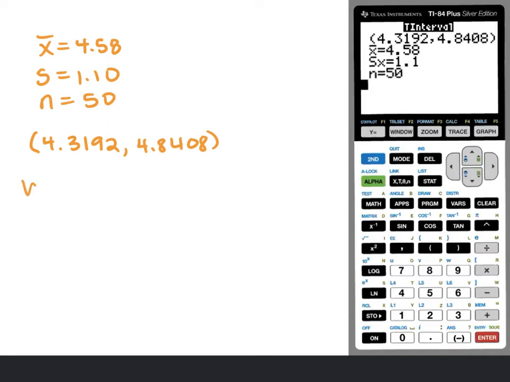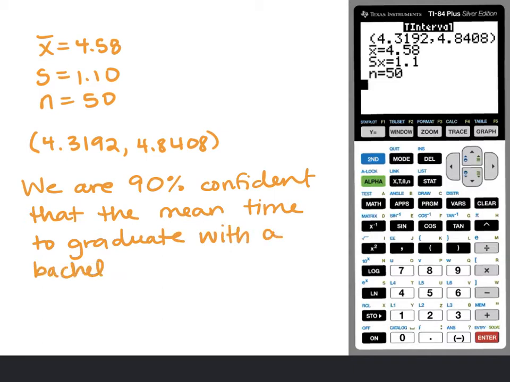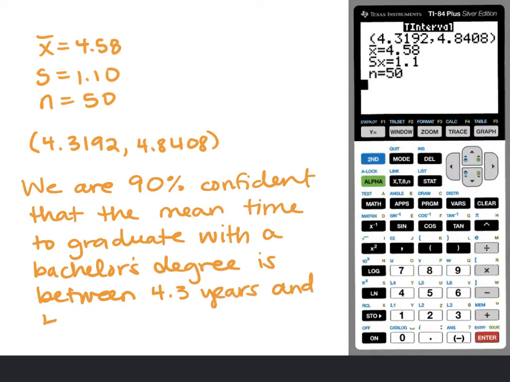So we can start off by saying we are 90% confident that the mean time to graduate with a bachelor's degree is between, and I'm going to go ahead and round just to one decimal place, 4.3 years and 4.8 years.